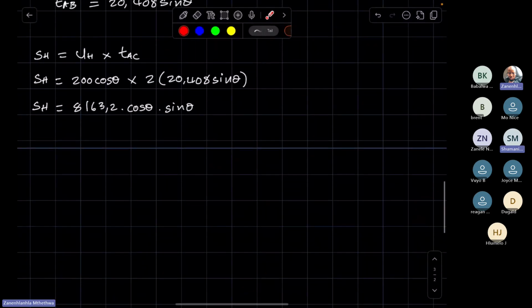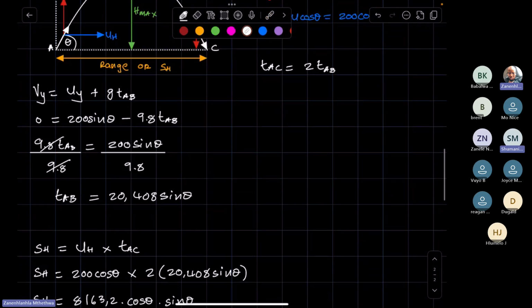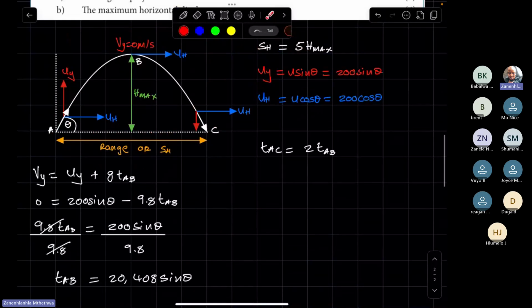Now, as far as H max, H max is on this side of the projectile. We get H max when the projectile moves from point A to point B. That is when we get the maximum height.